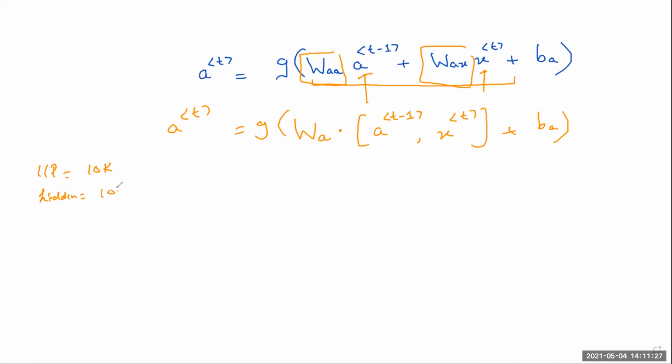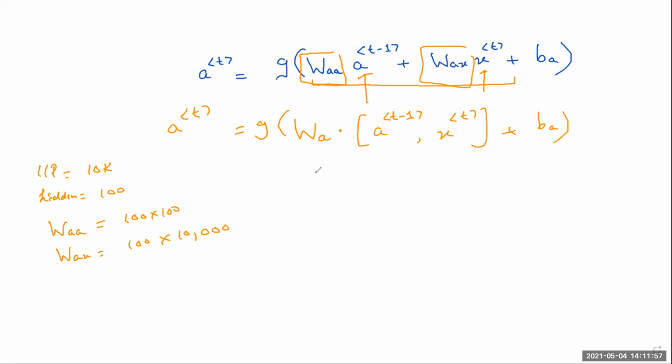It means that WAA, my weight matrix from hidden to hidden, is a matrix of 100 cross 100, just like it was 4 cross 4 in the previous slide. Similarly, WAX would be 100 cross 10,000. This is the same information as the previous slides, only the numbers have changed. It is more realistic now.